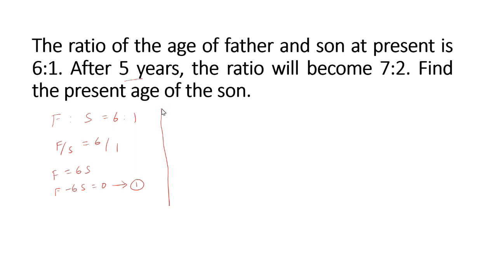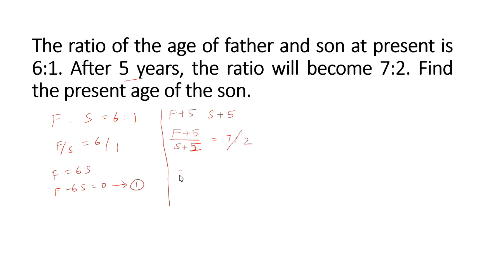After 5 years, what will be the father's age? It becomes F plus 5 and the age of son is S plus 5. They have given that the ratio will become 7:2. So F plus 5 divided by S plus 5 is equal to 7 by 2.